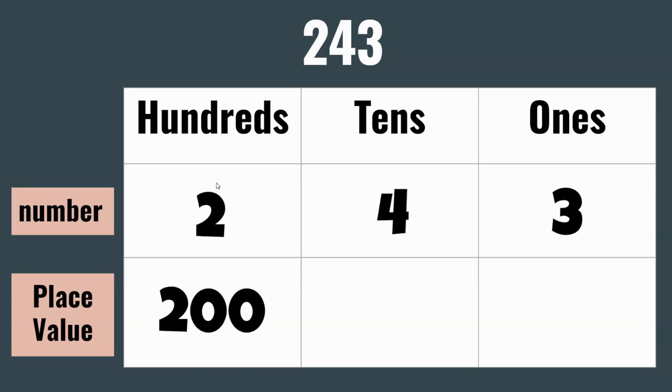So the value of this digit is 200. While 4 is in the tens, so basically there are 4 tens. So you have to count 10, 20, 30, 40. The value of 4 is 40. And lastly, the ones will stay the same. You just have to count how many ones there are in 3. So 1, 2, 3.